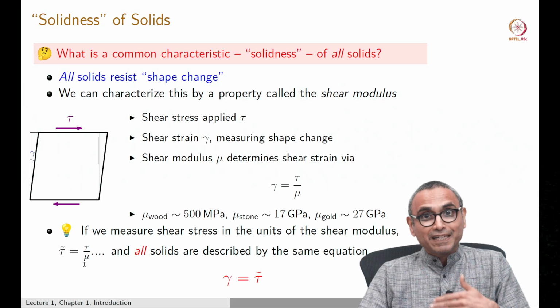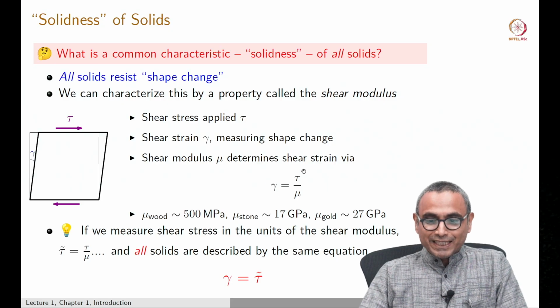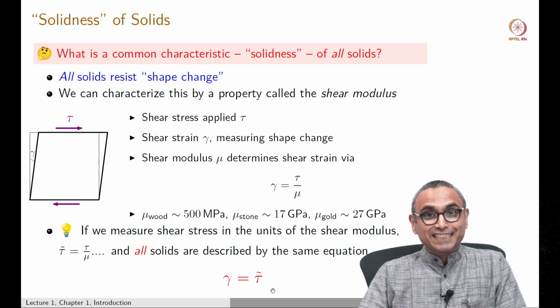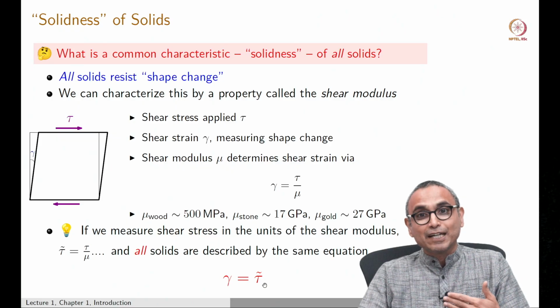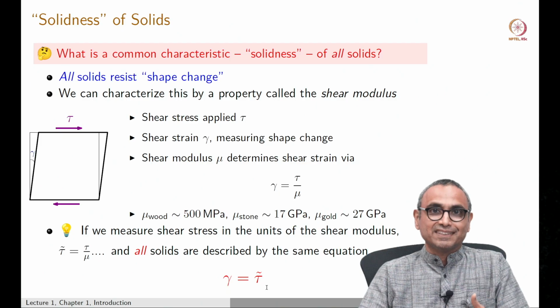And now you see something very beautiful. This equation which we had written, gamma is tau by mu, becomes gamma is tau tilde, and note that this equation is the same for all solids, in the sense that if I measure the shear stress in terms of the shear modulus, then solidness is characterized by the fact that shear strain is equal to the dimensionless shear stress that is acting on the solid.